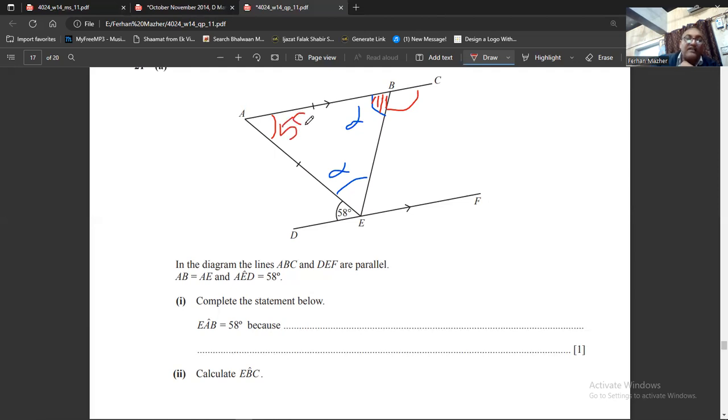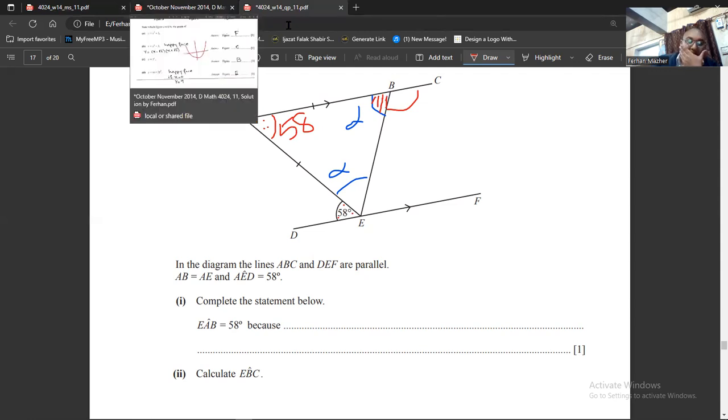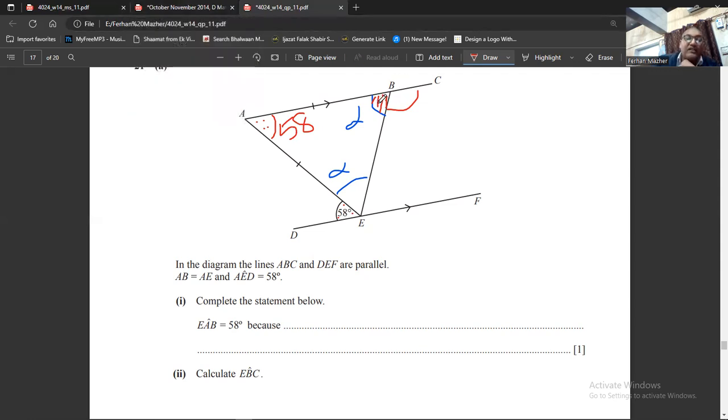The reason is that they are alternate angles. And then this is an isosceles triangle, alpha plus 58. From here I will find the value of alpha, and that will equal the angle EBC. Sorry, EAB. That's simply 58, 58. They are alternate to each other.